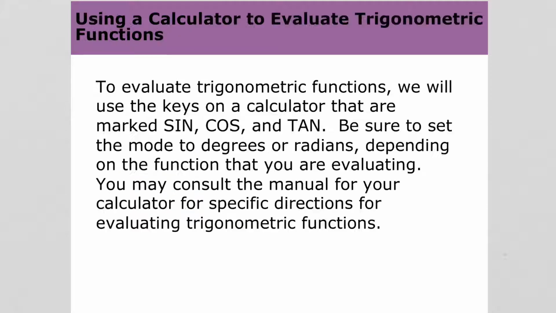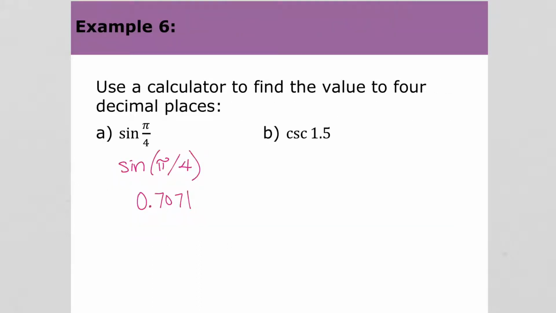You may need to change your mode depending on whether you're dealing with degrees or radians. In this case, we're dealing with radians. If it doesn't have a little degree, it's not a degree, and therefore it's a radian. To change your mode, you press mode on the calculator and just switch it from degrees to radians. And then when you press sine of pi over 4, you should get 0.7071.